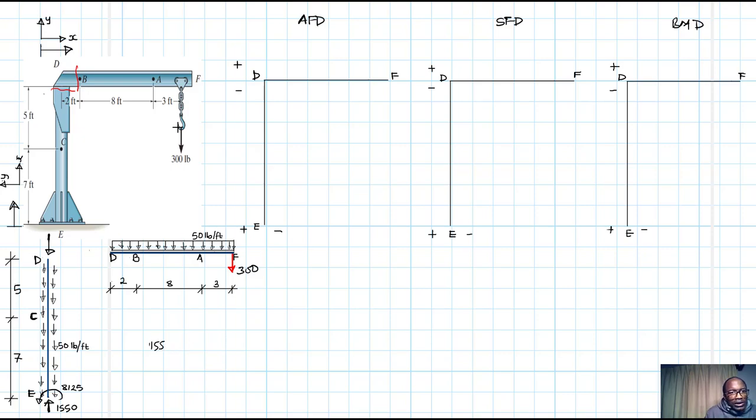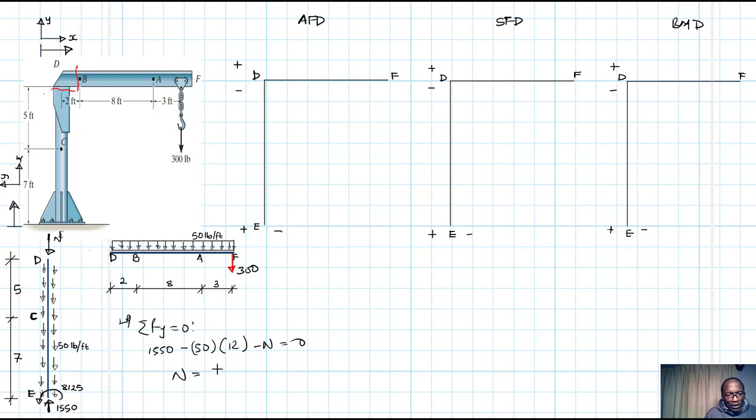When you apply summation of forces in the y direction, going up being positive, you have 1550 minus the axial distributed force 50 by 12, minus n equal to 0, therefore n will be equal to 1550 minus 50 by 12.